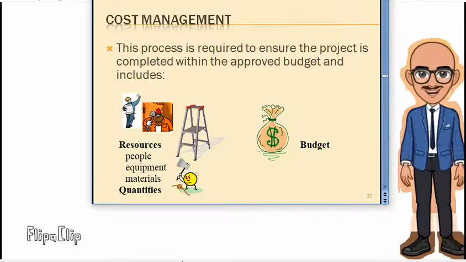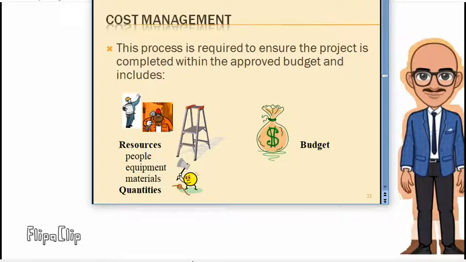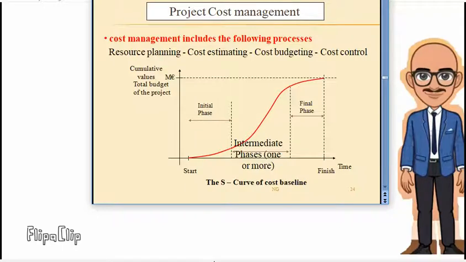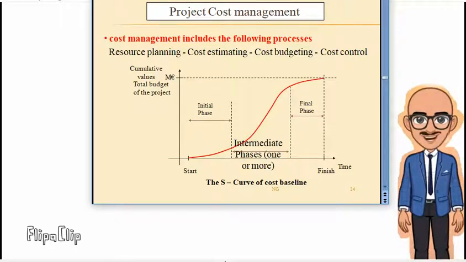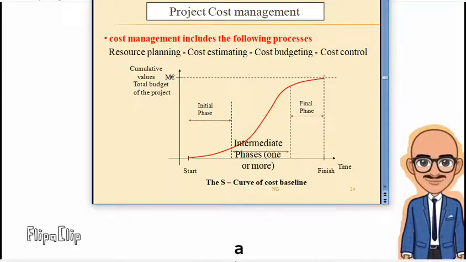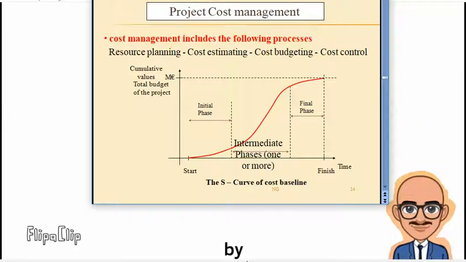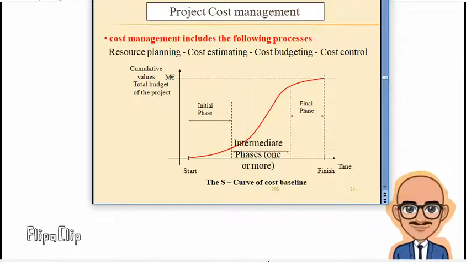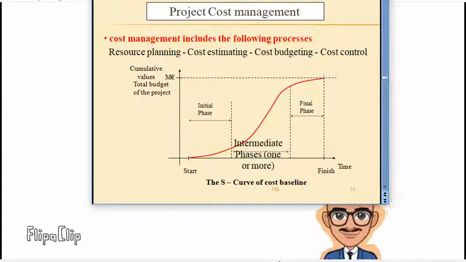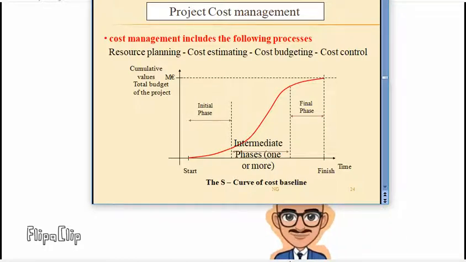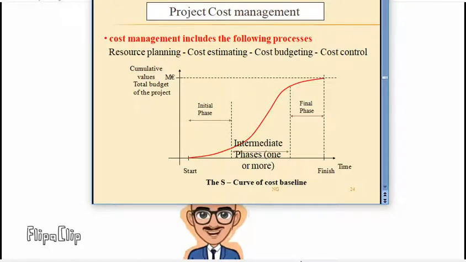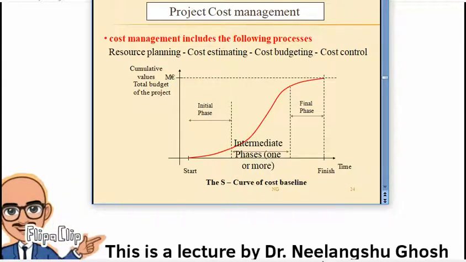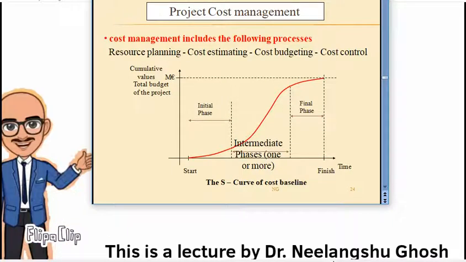But if the number of people increases, then that cost estimation goes haywire. If it becomes 25, then 5,000 rupees will not be sufficient to pay them. So you have to increase the money to pay the wages, and accordingly the cost will also increase. Similarly, for cost budgeting, all the equipment, material, and resources that are required, you have to write down and plan accordingly, and make the budget for the corresponding cost.